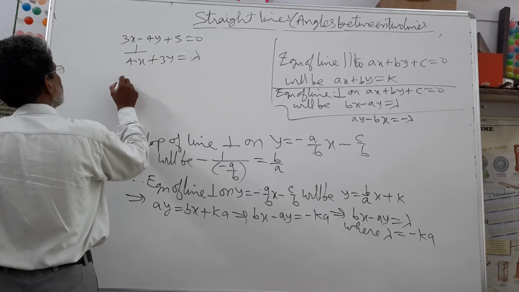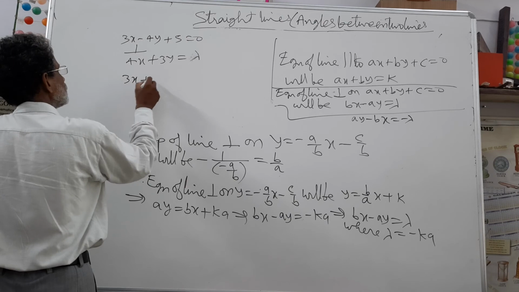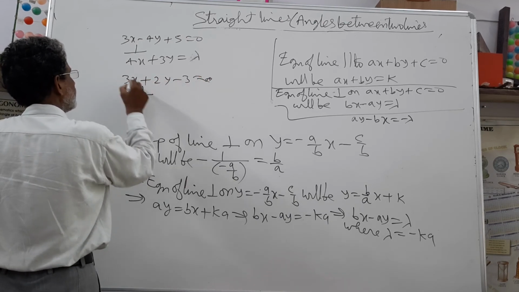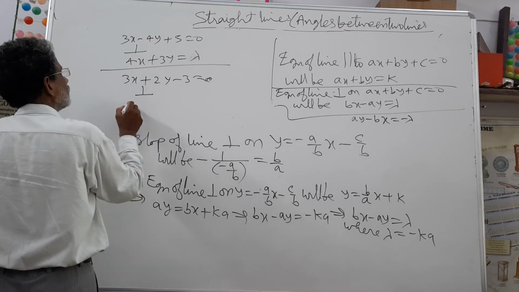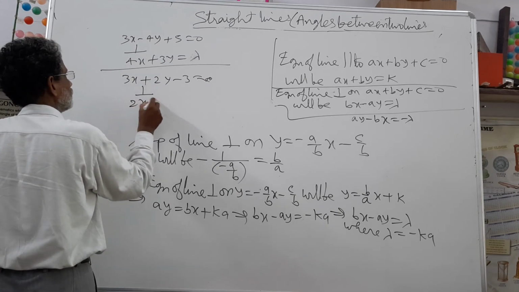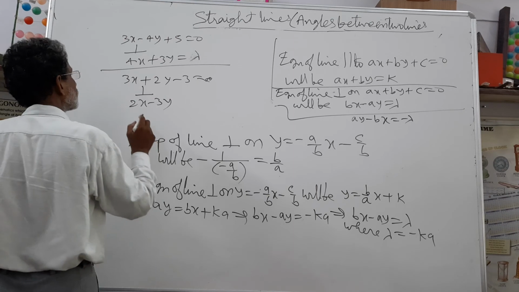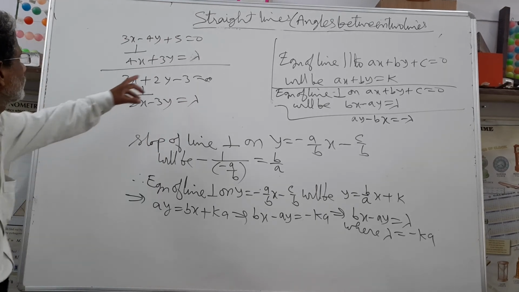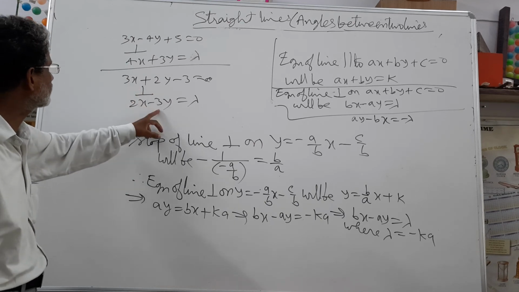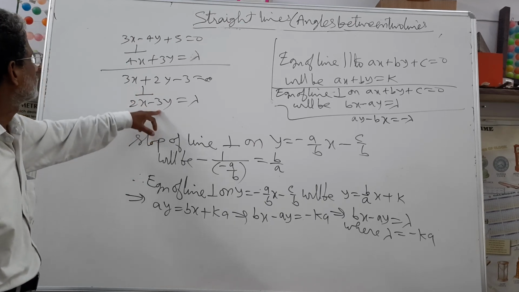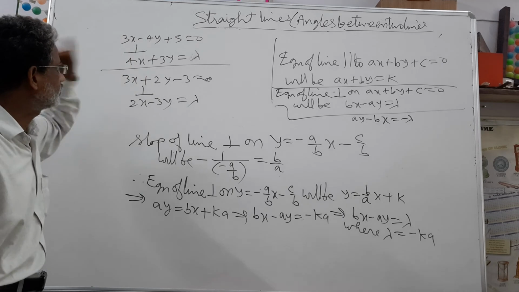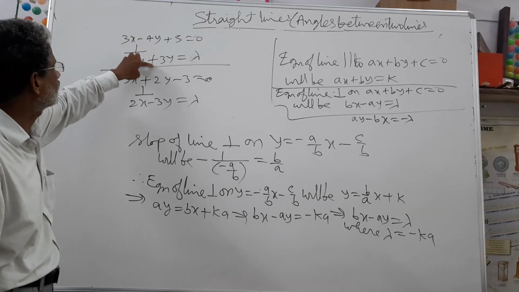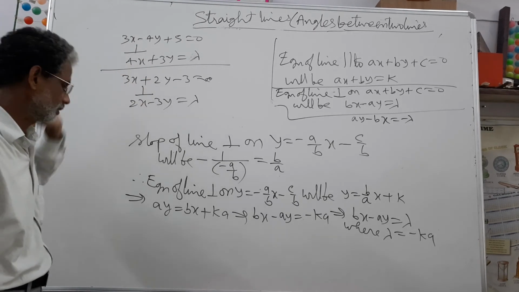If your line is 3x plus 2y minus 3 is equal to 0, then its perpendicular equation can be written as 2x minus 3y is equal to lambda. Interchange the coefficients and change the sign of one variable. Here it is minus, it becomes plus. Here it is plus, it becomes minus.